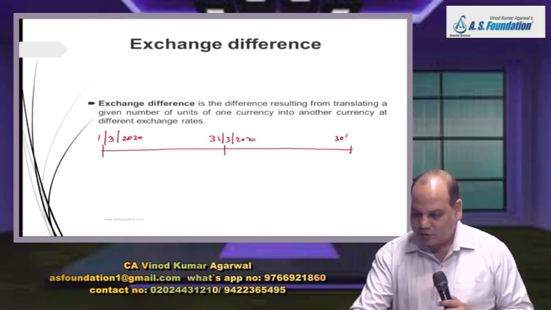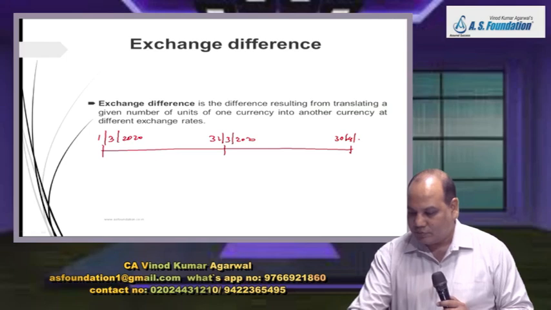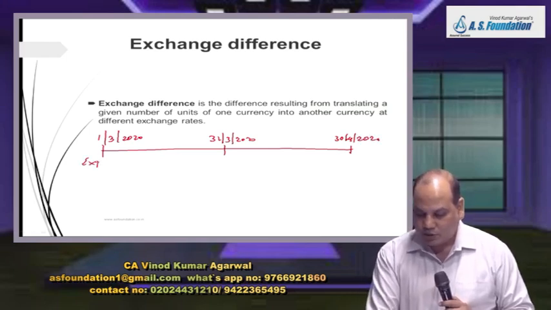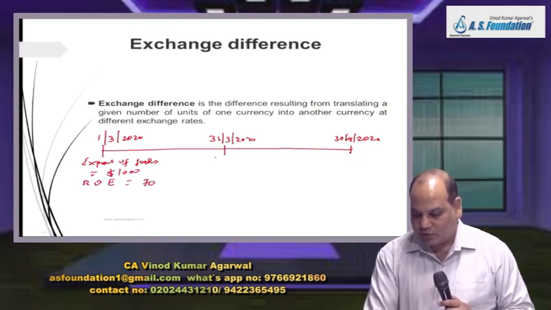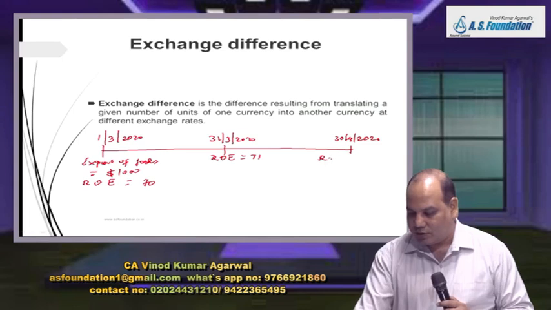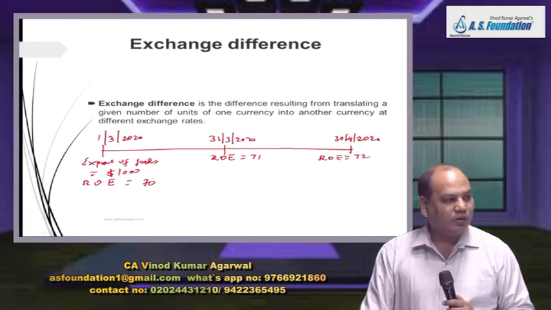The transaction was actually settled on 30th April 2020. So let us put some numbers for understanding. Export of goods on this date, $1,000. Rate of exchange 70. Here the rate of exchange 71. Here rate of exchange 72 INR per dollar.